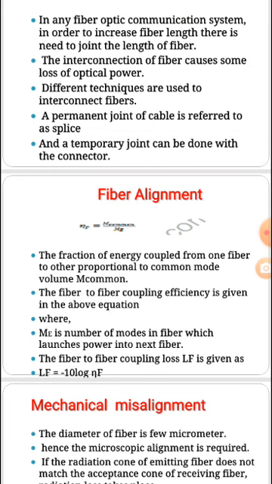When there is a splice connection or connector, if you are joining two fibers, a small amount of loss takes place. That loss is mentioned in terms of LF. That is LF is equal to minus 10, and here power we are measuring, that's why 10 is taken, log of coupling efficiency.